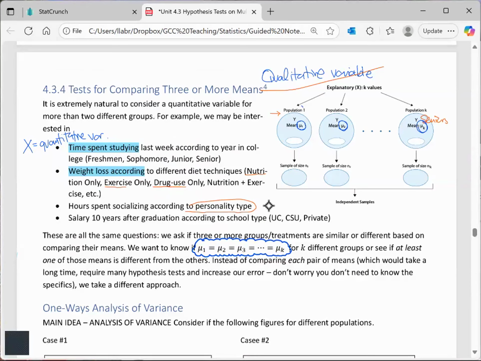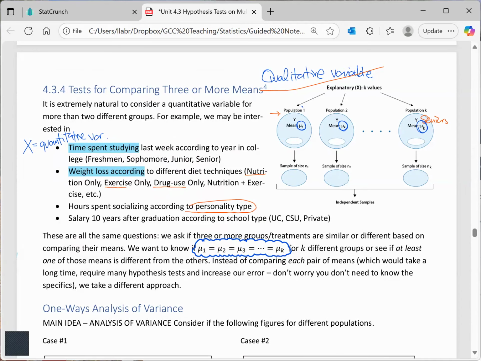And that's going to be your null hypothesis. So we're going to assume that all of the means are the same, because why would, for example, the weight loss be different, right? Remember, the null hypothesis is the no change hypothesis. We're going to just assume, for the sake of argument, that the values are the same.